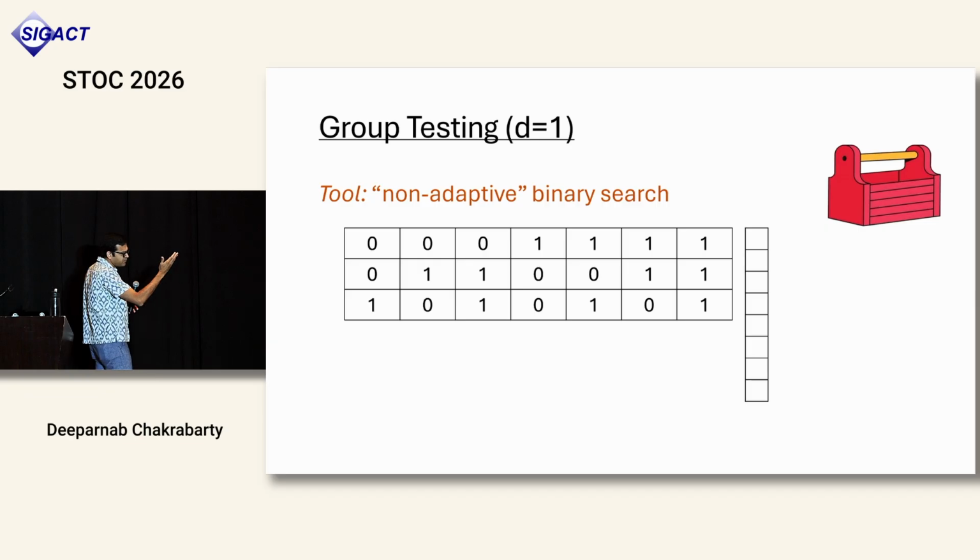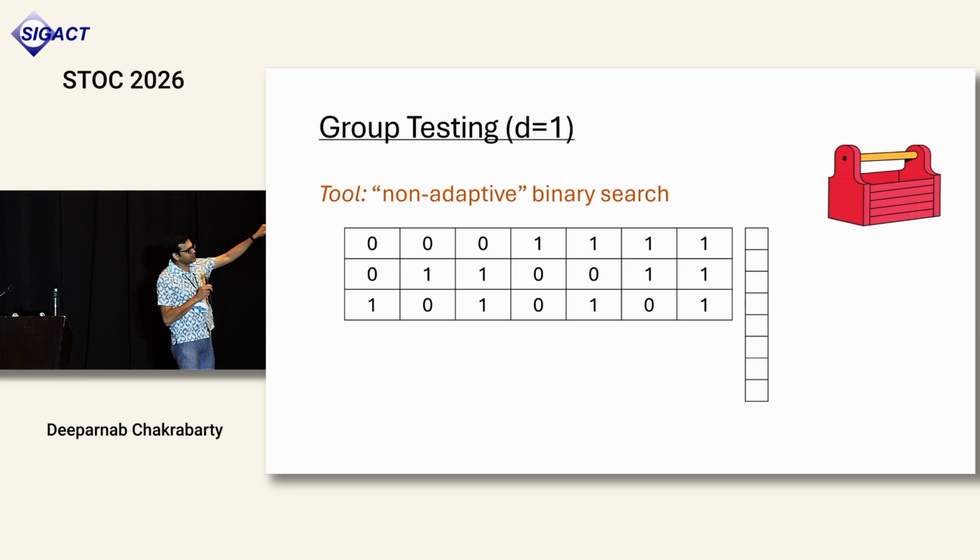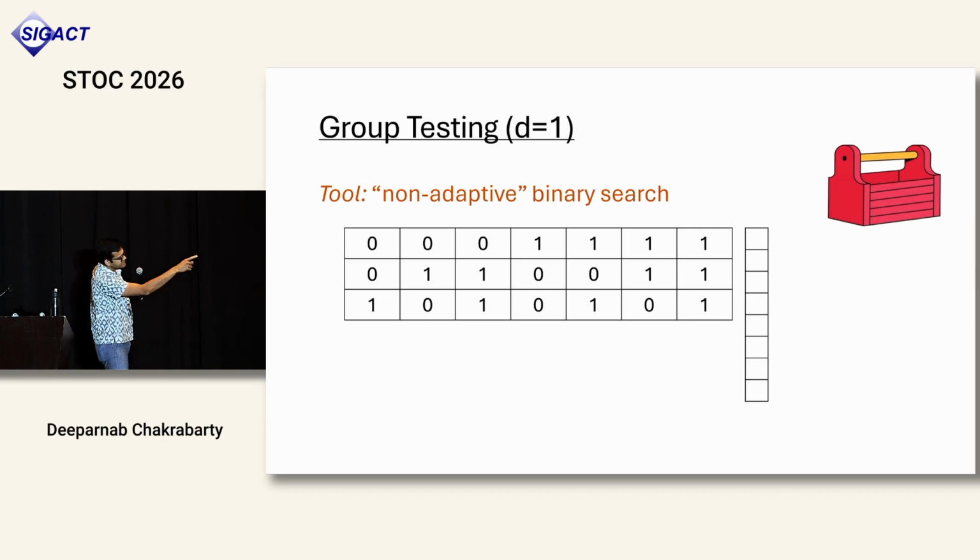You write the numbers 1 to n in binary as columns of a matrix, and then what you query are the rows of this matrix. For example, the first row has ones in the right half, so you're taking the right half; that's the subset you query. The second row says 2, 3, and maybe 6, 7. Those are the things you query, and so on. That's the meaning of this matrix.